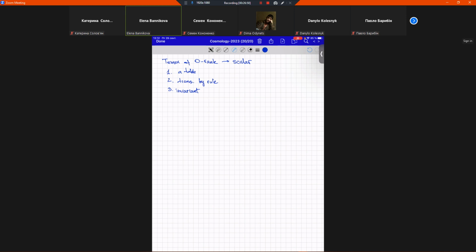Now I also want to show you a physical example of how we can represent physical values through covariant or contravariant vectors. The first example: let's consider the velocity vector.